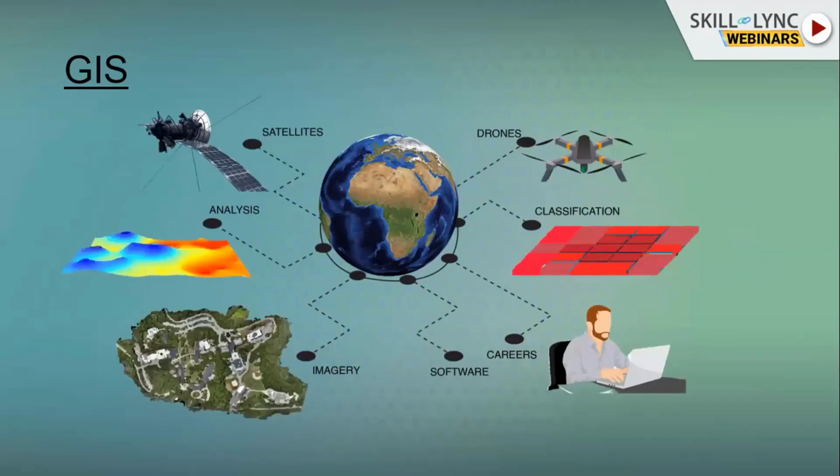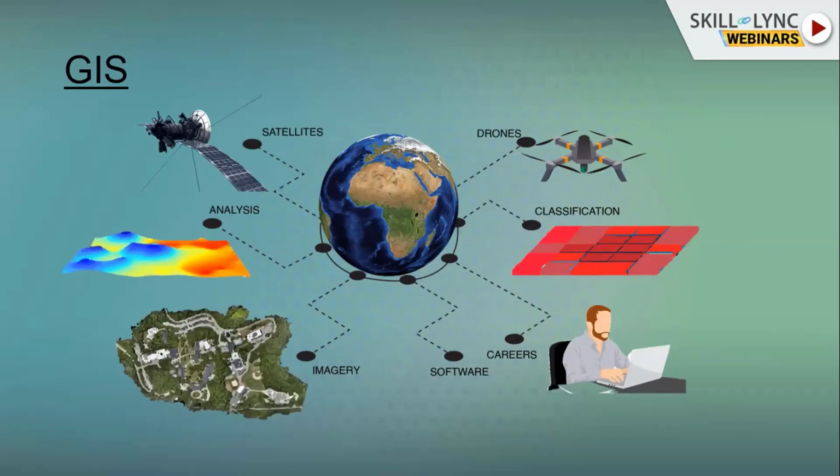So this is also a clear picture of what GIS is doing. GIS is associated, as I have told you, with software, imagery analysis, satellites, drones, classifications, and most important, careers.